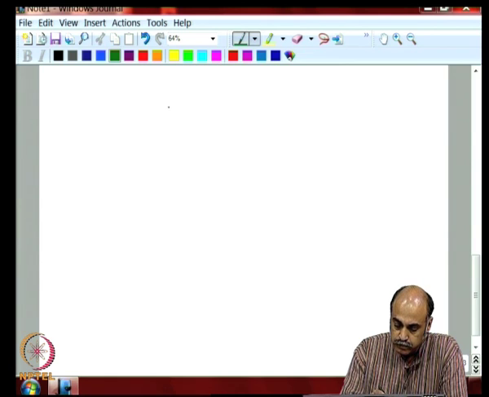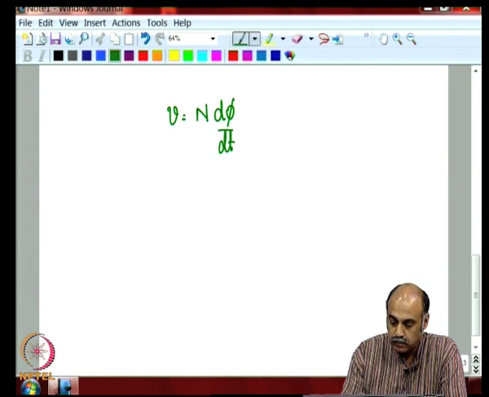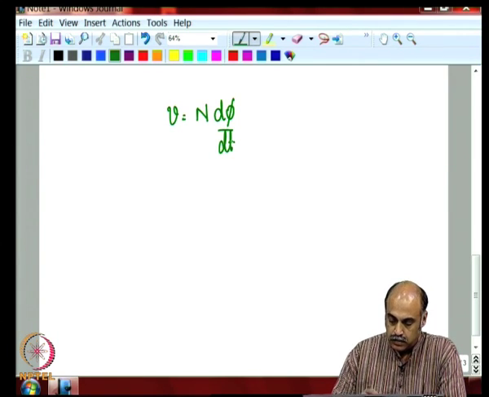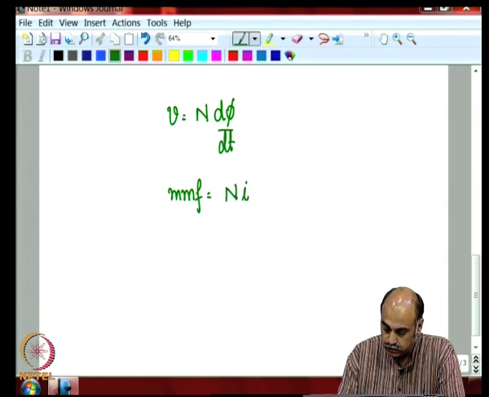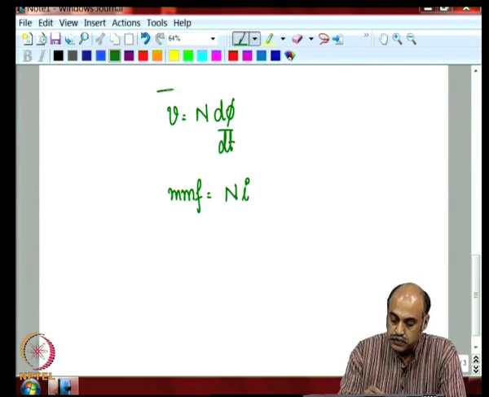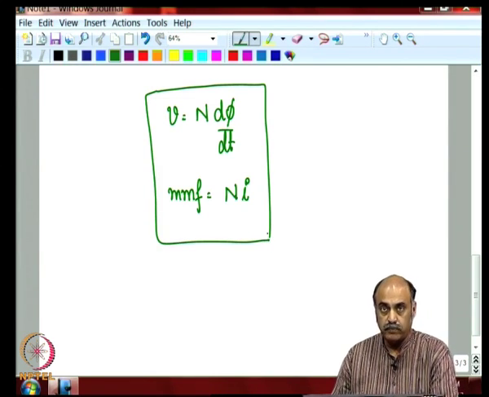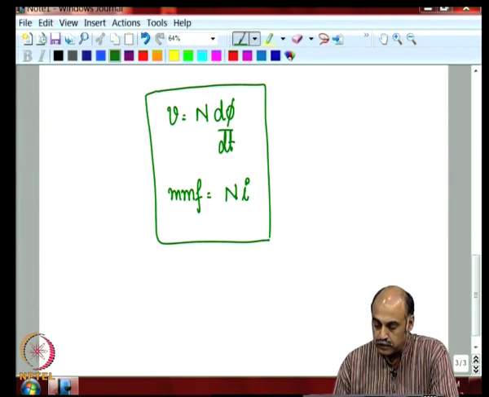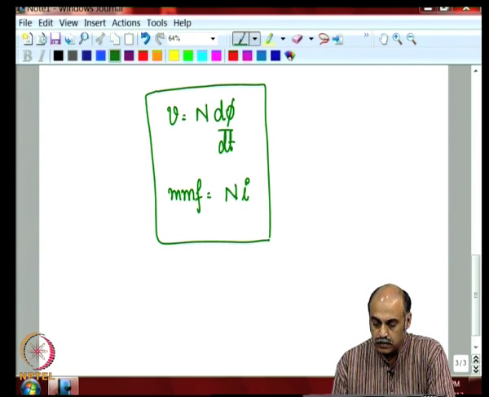So, V is equal to N d phi by dt, and MMF is equal to Ni. These two rules are the foundations for all the other magnetic based equations that are used in design.